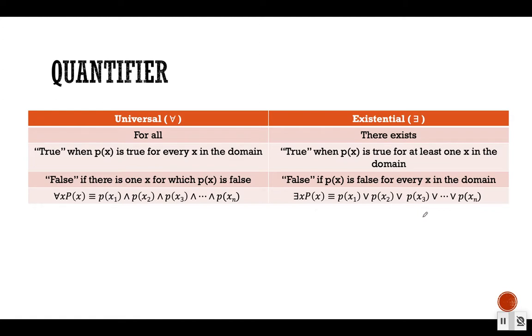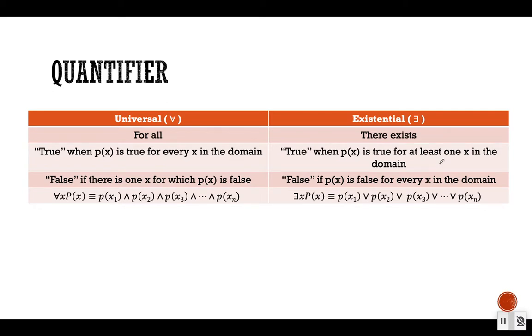So let's just have an idea about the universal and existential quantifiers. We read it like that: for all, this is the symbol, and existential, we read it like that: there exists. A statement with the universal quantifier will become true when P of x is true for every x in the domain, and the existential one will become true if P of x is true for at least one x in the domain.